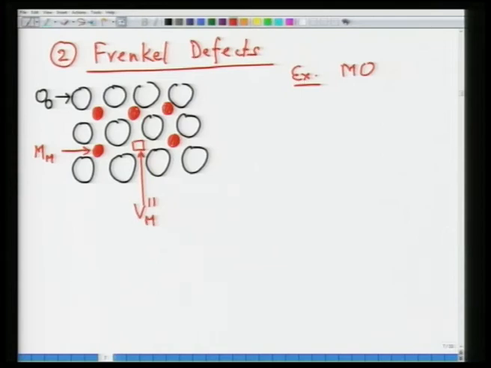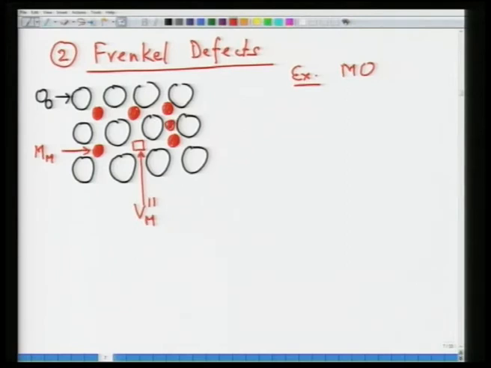You do not have any missing anions. So, site balance is all right, but mass balance is not there. So, where does it go? It goes somewhere in the solid itself. So, let us say it goes in one of the other interstitial sites. So, in this case let us say it goes here.